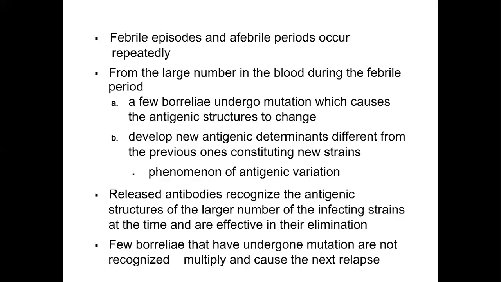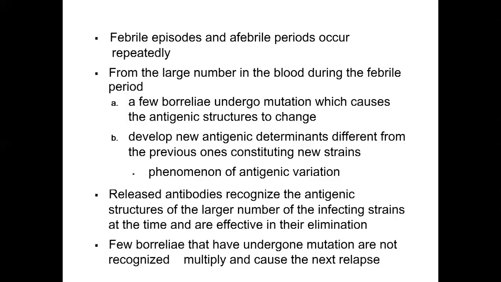So that mutation targets the antigenic components, the parts that are recognized by antibody-producing cells. These are affected, and when they multiply, the ones that are produced have different antigenic structures from the original one. So from that mutation, they develop new antigenic determinants different from the previous ones, and these new organisms with new antigenic components constitute new strains. This phenomenon of changing antigens is known as antigenic variation.